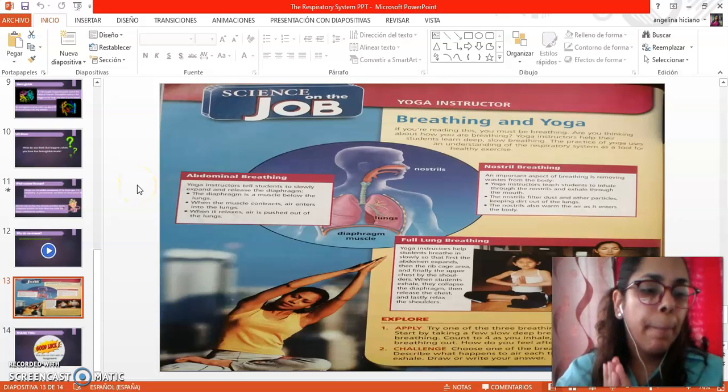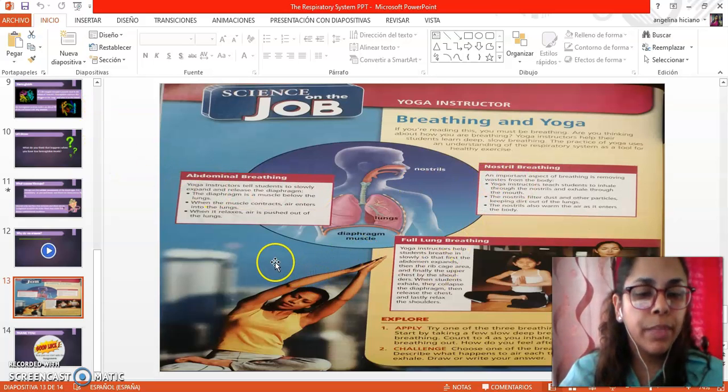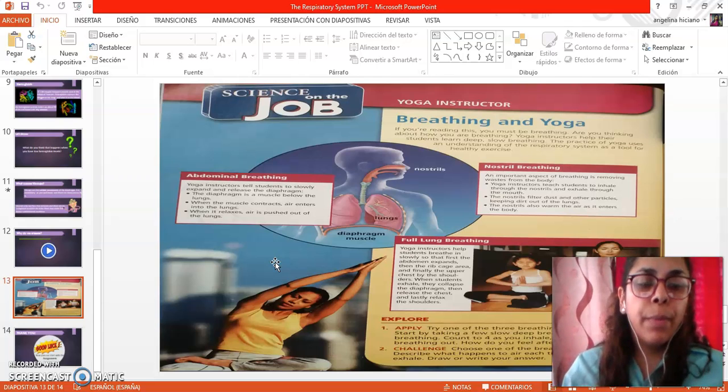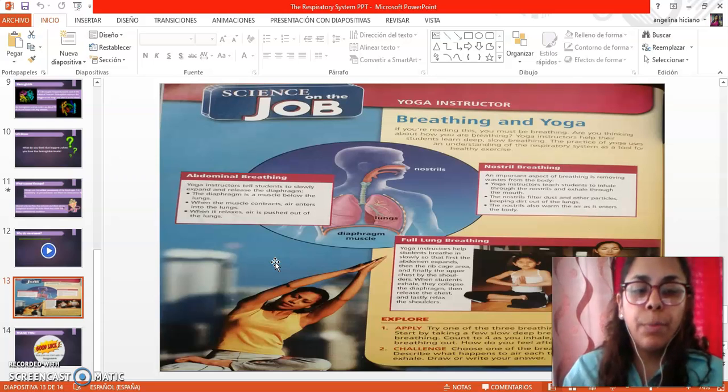So, finally, we have this picture. We have different types of respiration or breathing. And I placed here 3 types of breathing that are mostly used by people doing yoga. I don't know if you know what yoga is, but this is a really good thing for the body to do.